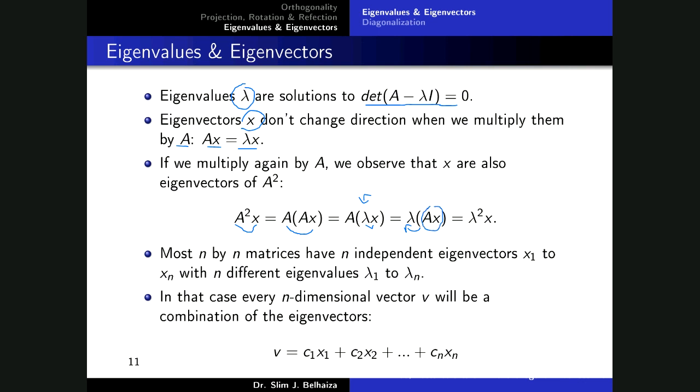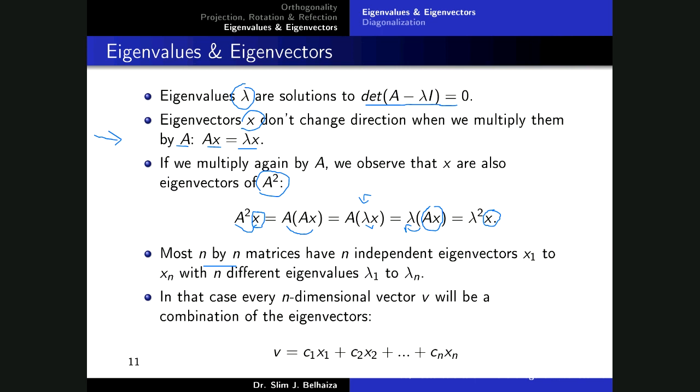So at the end of the day, A squared x is equal to lambda squared x, which means x is also an eigenvector for the A squared matrix, because it satisfies the property we described for eigenvectors. Most n by n matrices have independent eigenvectors.